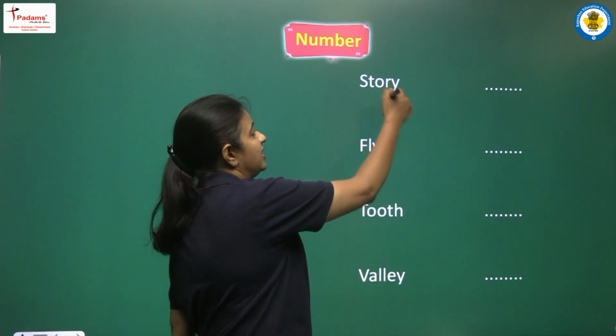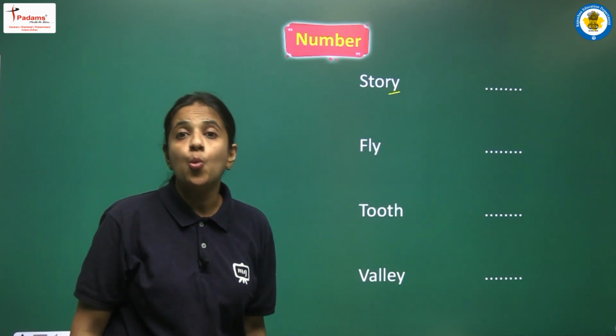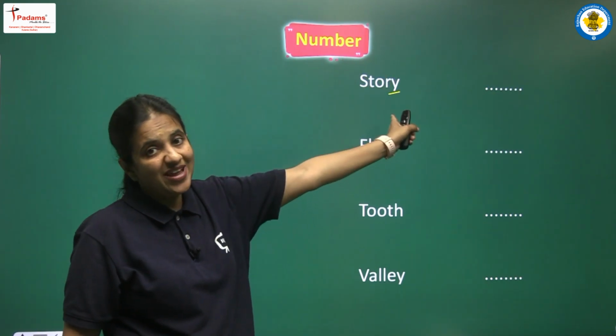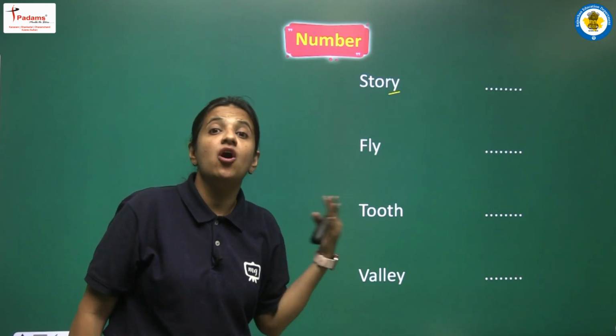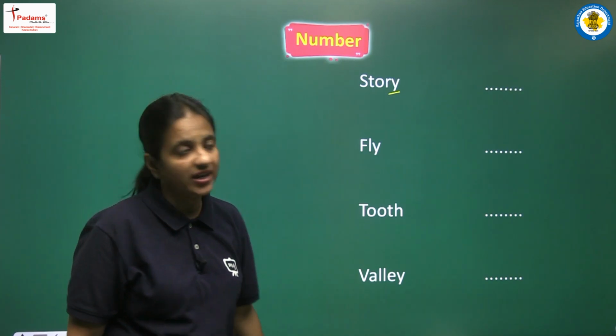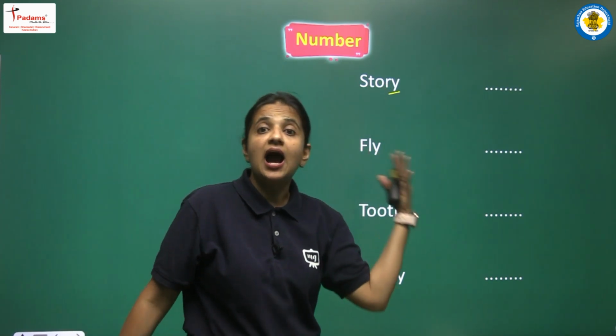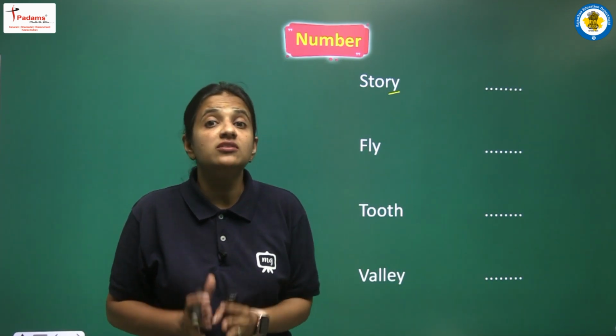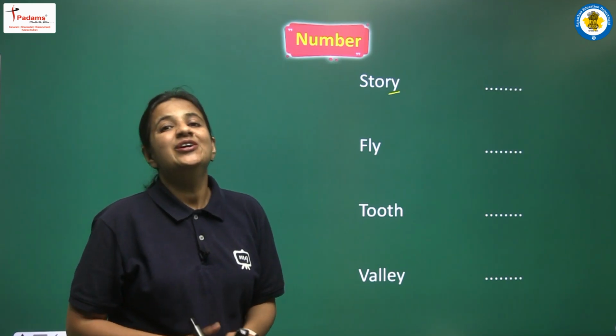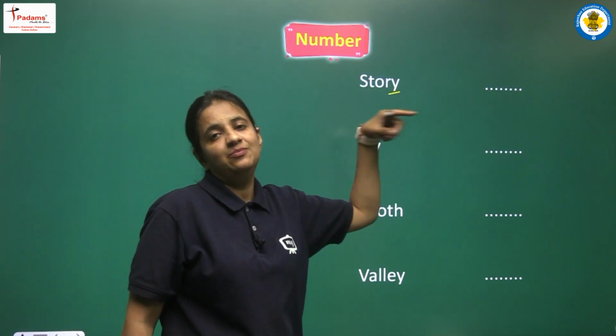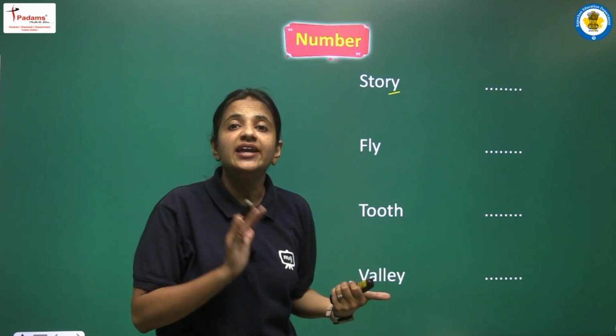Alright. Moving on, now next we are having story. So we can see that at the end of the spelling we are having Y, and before Y we have to see whether we are having a vowel or a consonant. That is also very important. So we can see that we are having R, and R is one of the consonants. So what we have to do, we have to remove this Y, and in the place of Y we have to add IES.